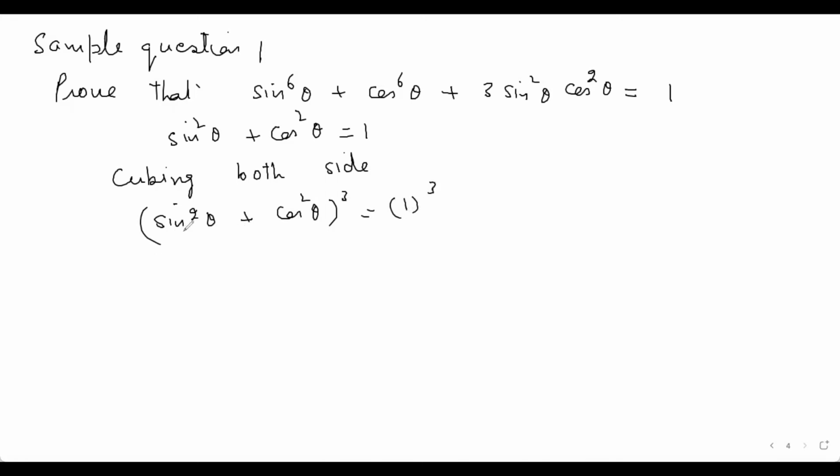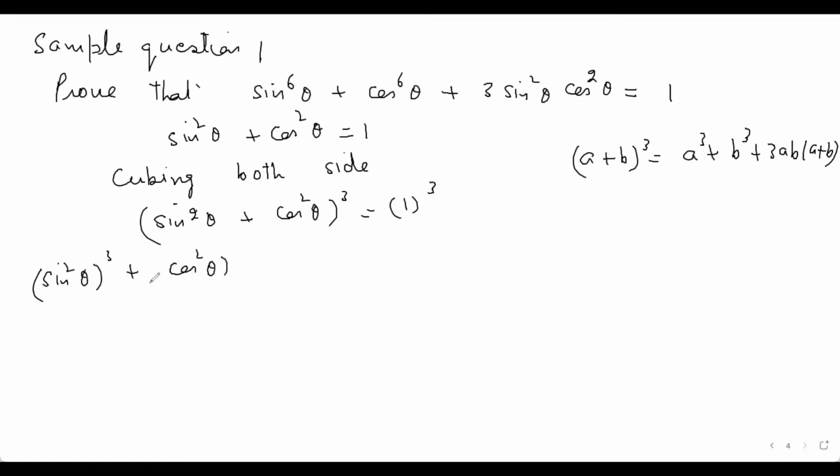Now we know that (a + b)³ is a³ + b³ + 3ab(a + b). It means this is (sin²θ)³ + (cos²θ)³ + 3 sin²θ cos²θ (sin²θ + cos²θ), and sin²θ + cos²θ is equal to 1.